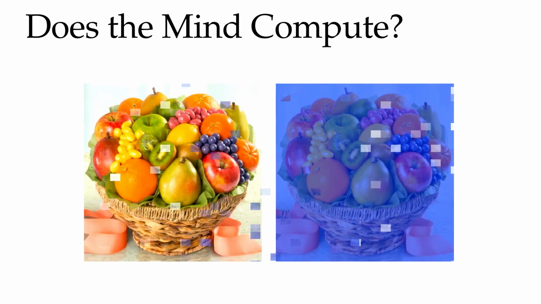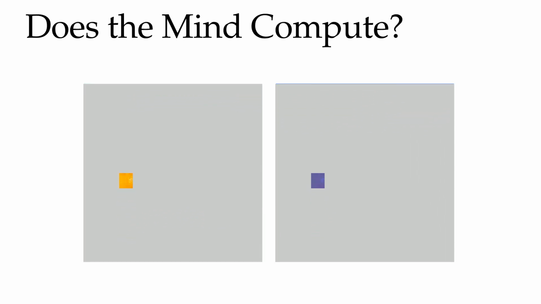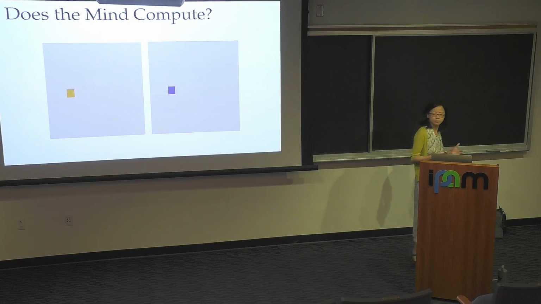Your perception is more similar to the left than to the right. But if I cover the local context and you go only by this patch, you should tell me it's purple, but you did not do that.